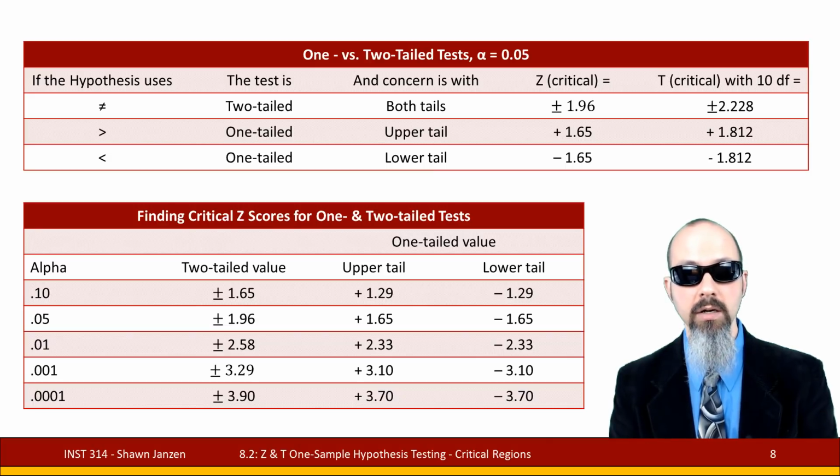It becomes harder to get a score into those red shaded regions. The critical value associated with those lower alpha scores is becoming larger. It is a number farther away from the center of that distribution, where it starts at 0. So as that red shaded region becomes smaller, the two-tail and one-tail values are both becoming larger as well. That's your takeaway on this.